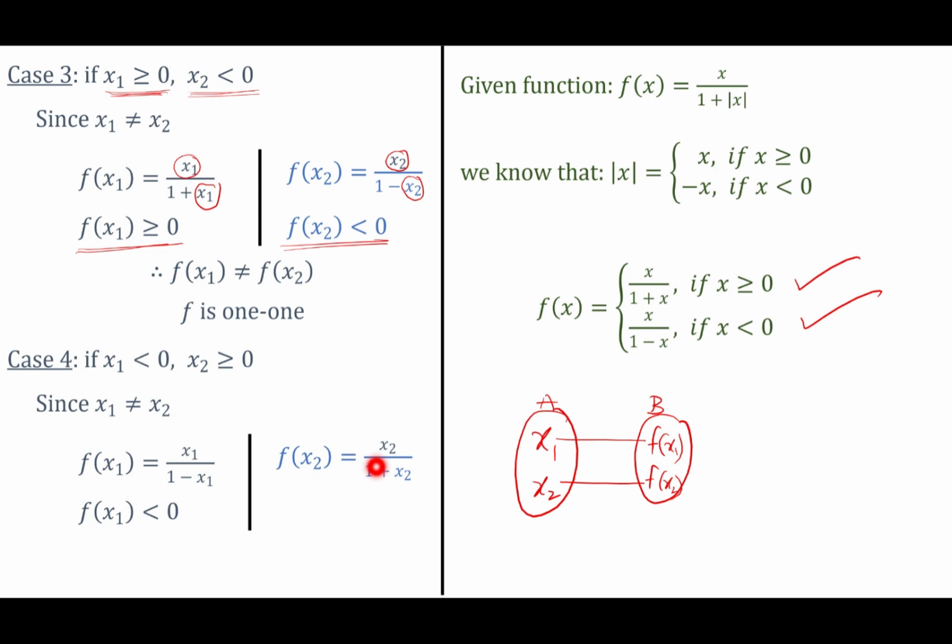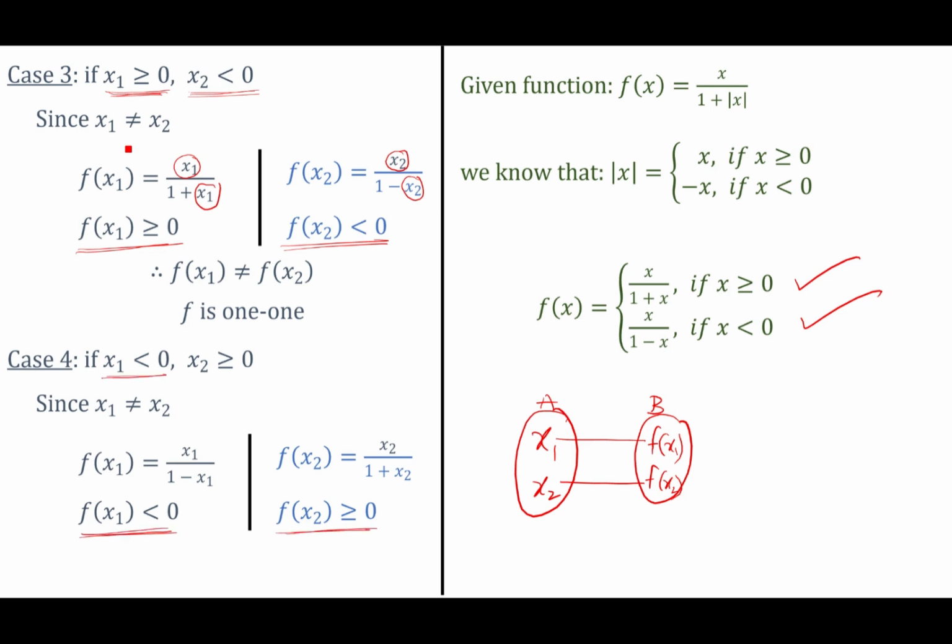Now, if I plug in any positive values of x2, even if I plug in 0, I get 0. If I plug in 1, I get 0.5. So whatever positive numbers greater than 0 you take, I am getting more than 0, which means f of x2 must be greater than or equal to 0, whereas f of x1 is less than 0.